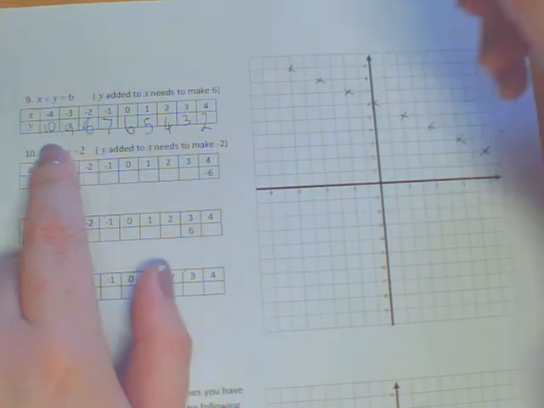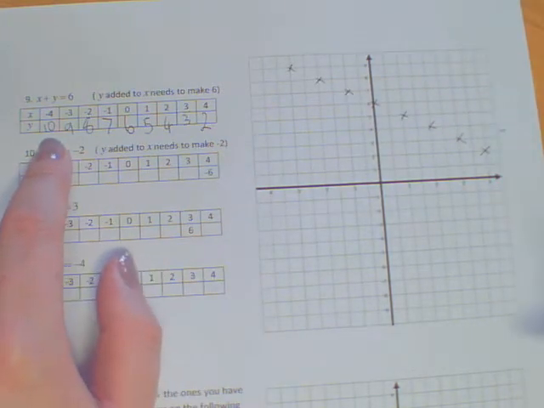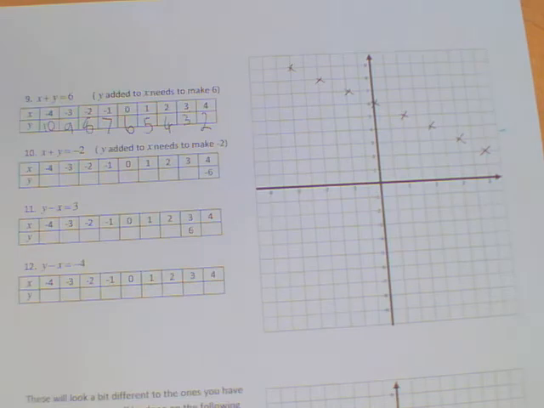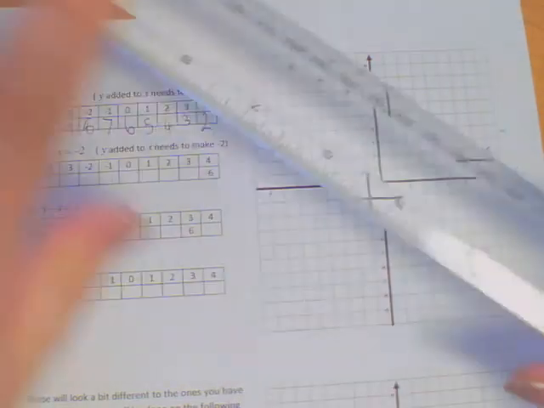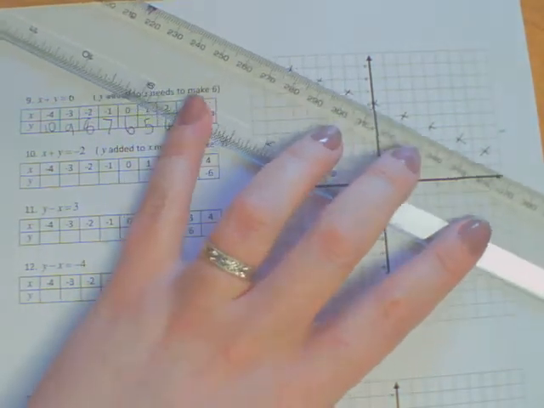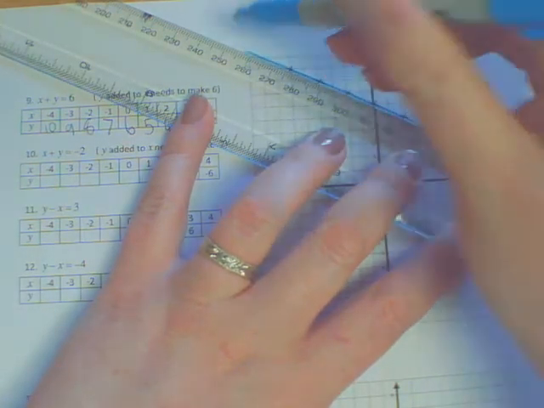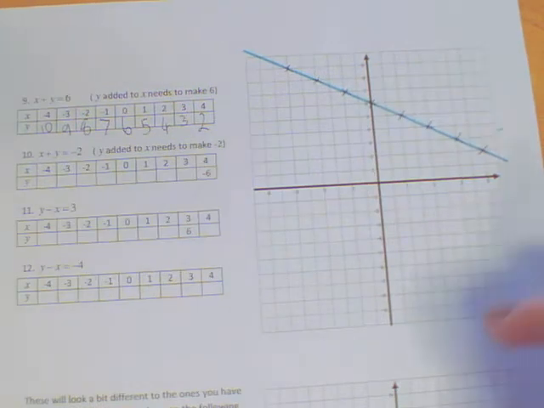You'll see that one coordinate doesn't fit on the grid. We could make it fit, but it doesn't matter. So long as you've got these points plotted, it's not the end of the world. Just plot the coordinates that you can actually fit on. And again, make sure these join up with a straight line, please. If you don't join them up, you will lose marks.